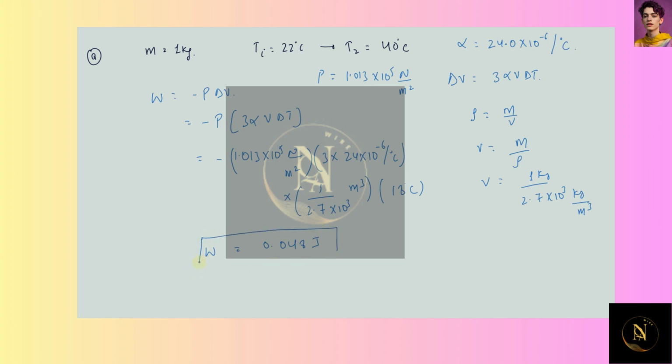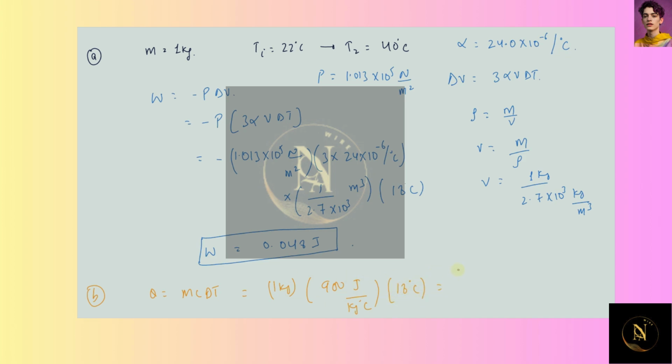Next, in the B part, we have to calculate the energy added by heat. So Q is equal to mc delta T. It's the basic formula for heat. The mass in our case is 1 kg, and C is the specific heat of aluminium, which is 900 joule per kg degree Celsius, and the change in temperature is 18 degrees Celsius.